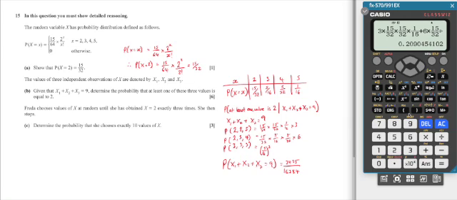So what's the probability? Let's look for, this is a given that. So let's go back to our formula sheet and find the formula for the given that.